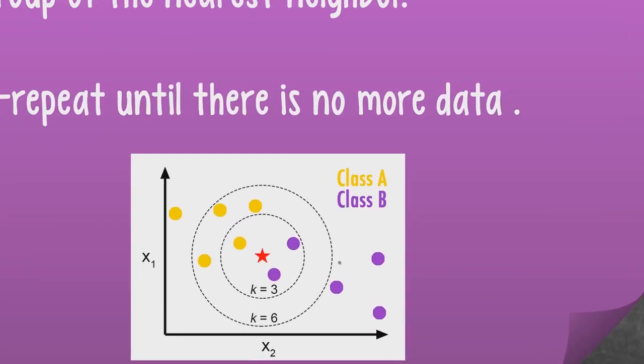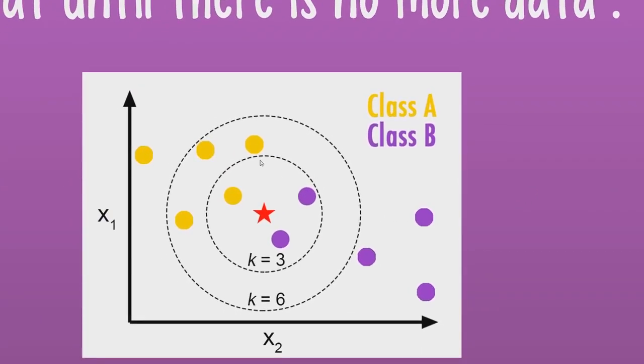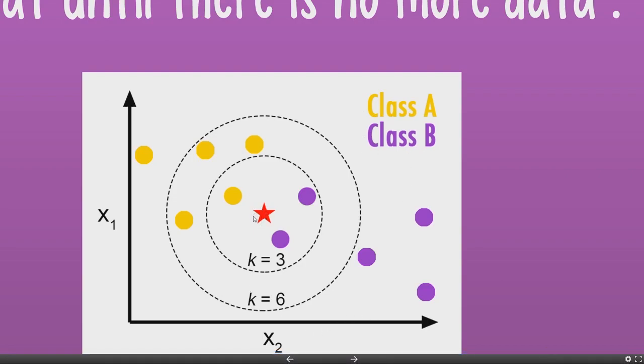Let's see what we mean by that. Imagine that we have 5 magenta data points and 5 yellow data points. So class A, class B. Then we put a new data point, which is this one, the star.